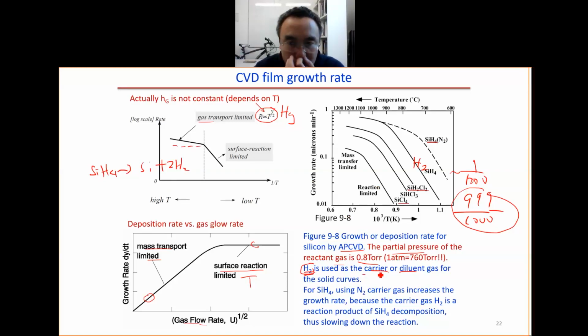If we have a lot of hydrogen as the carrier gas, it is also a chemical reaction product, so it will push the reaction to the left side. When we have too much hydrogen, the deposition rate is low. When we use nitrogen as the carrier gas, the deposition rate goes up, because of this chemical reaction. So this makes sense.